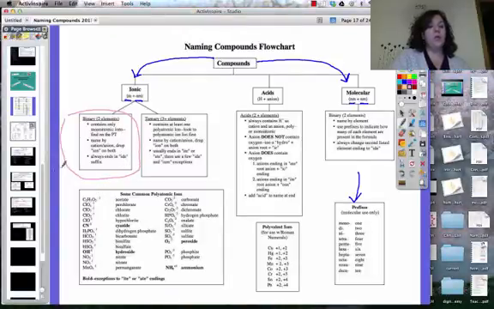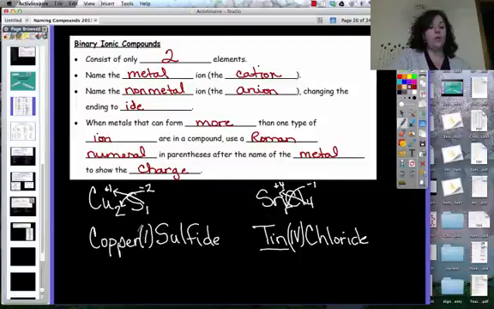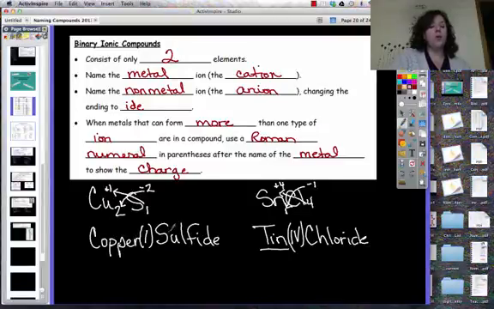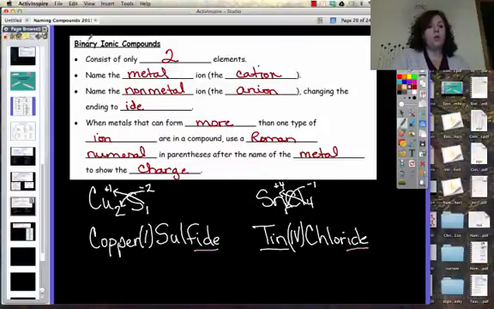So that's what we did on all of those. We wrote the first element. We didn't put ion in there. We didn't put copper ion or sulfur ion. We put copper sulfide. We changed the ending to IDE. Those are only if we're talking about binary compounds.